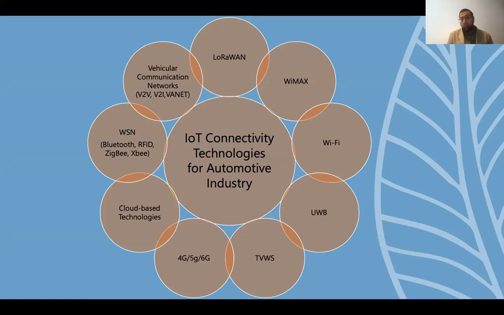As you know, with TV white space we can use multi-spectrum, which is free, when the main TV users are not using it, and so on, cloud technology. So these can all be incorporated with your IoT enabled solution for achieving your goal.